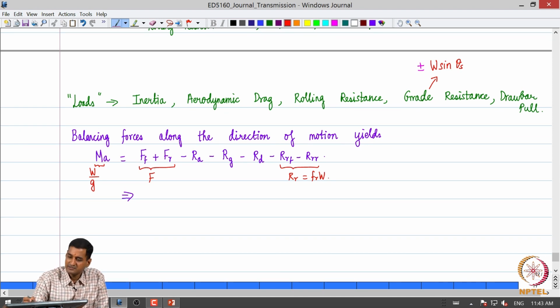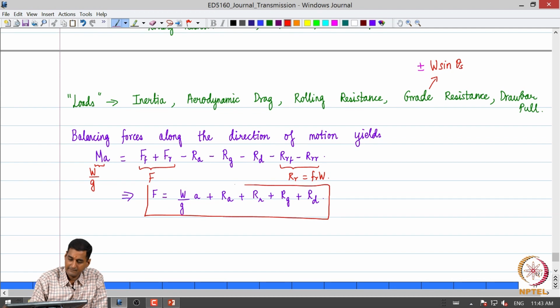So, using the above equation, we will get the net tractive force that is needed to overcome the loads will be W by G A plus aerodynamic drag plus the rolling resistance plus the grade resistance plus the drawbar, okay. So, this is one equation, let us call it equation A, right.